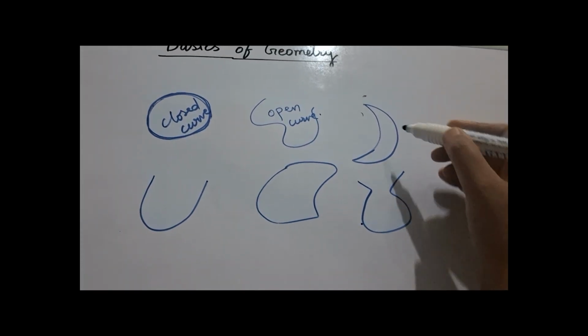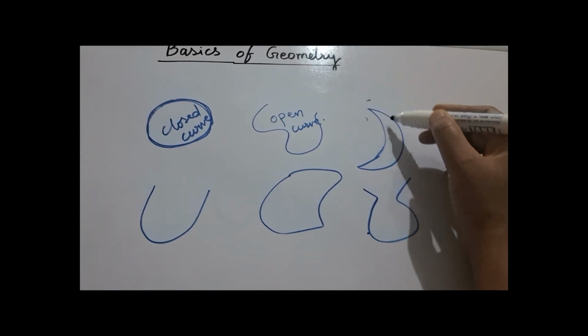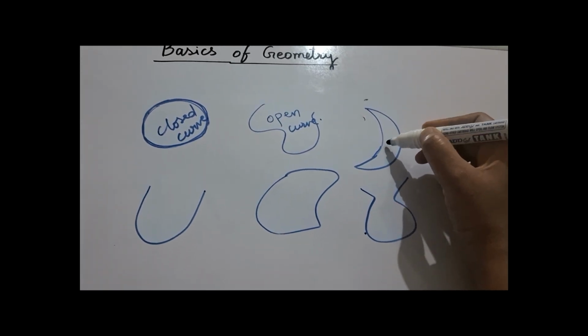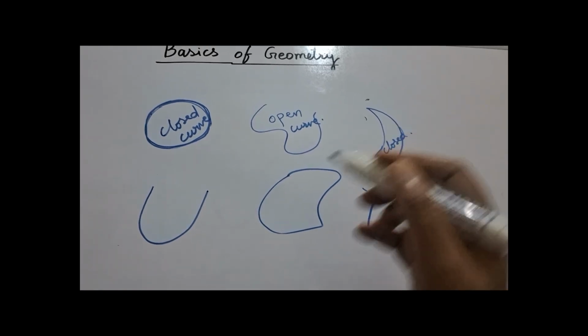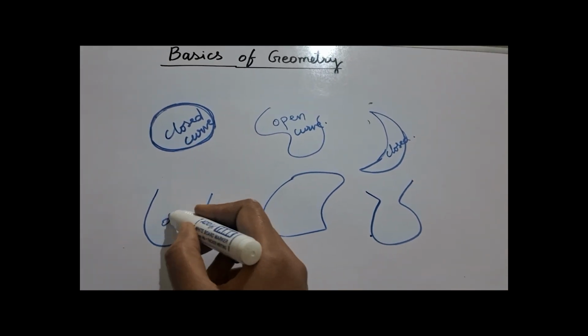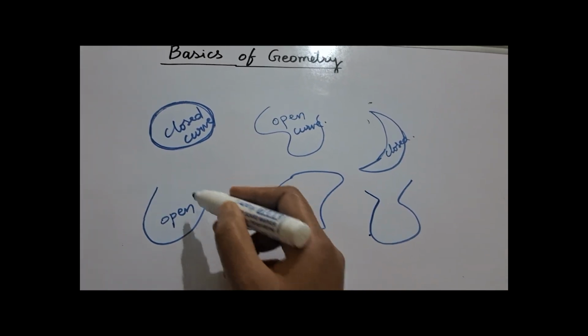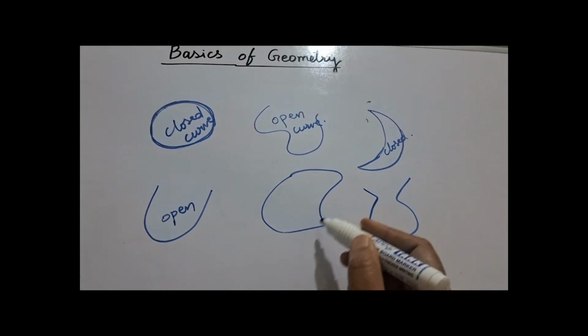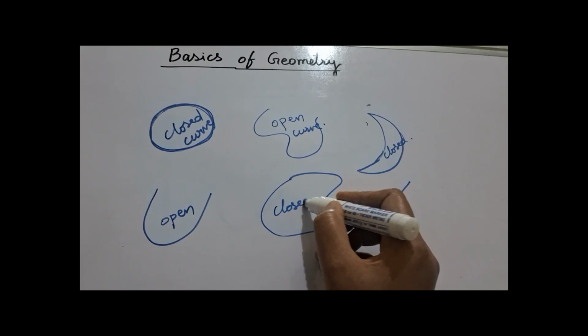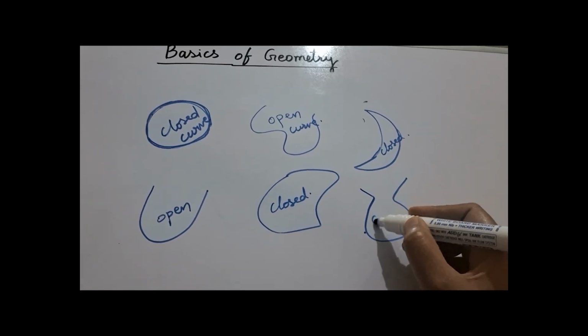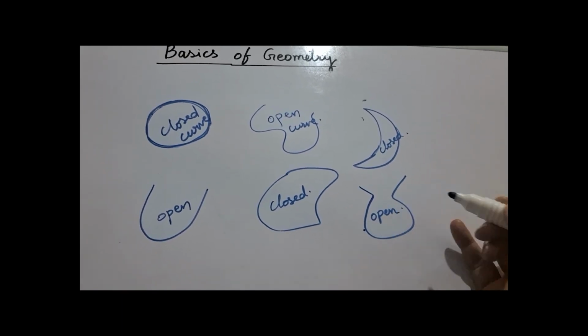Now this one is also completely closed, so this is also a closed curve. And this one, children, is an open curve because on this side it is open. And this one, all sides it is closed, so this is also a closed curve. And this is an open curve. Okay children.